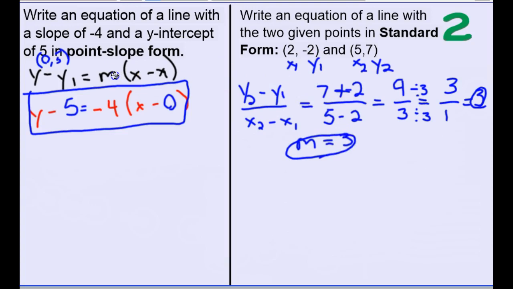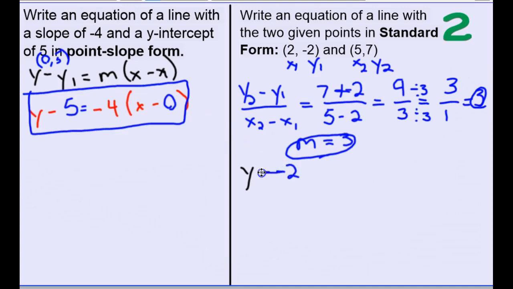Then we need to write it in our point-slope form. So we have y minus y1 equals m times x minus x1. So y minus, now we need to just pick which one we want to use. Let's use the one that already has x1 and y1. So we know our y1 then is going to be negative 2.